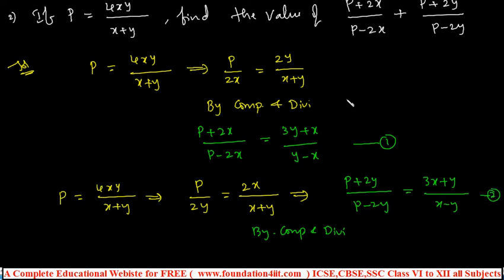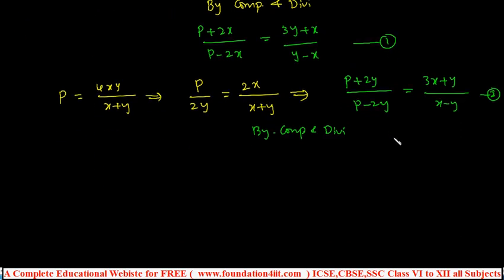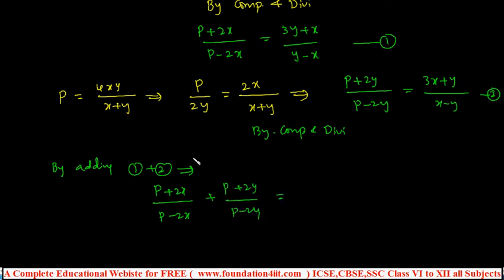So okay, to prove this, you can add the first and second equation. That's it, we'll get it. So by adding 1 plus 2, what will we get? Directly p plus 2x by p minus 2x plus p plus 2y by p minus 2y. LHS is added and RHS also can be added. That is 3y plus x by y minus x plus 3x plus y by x minus y.